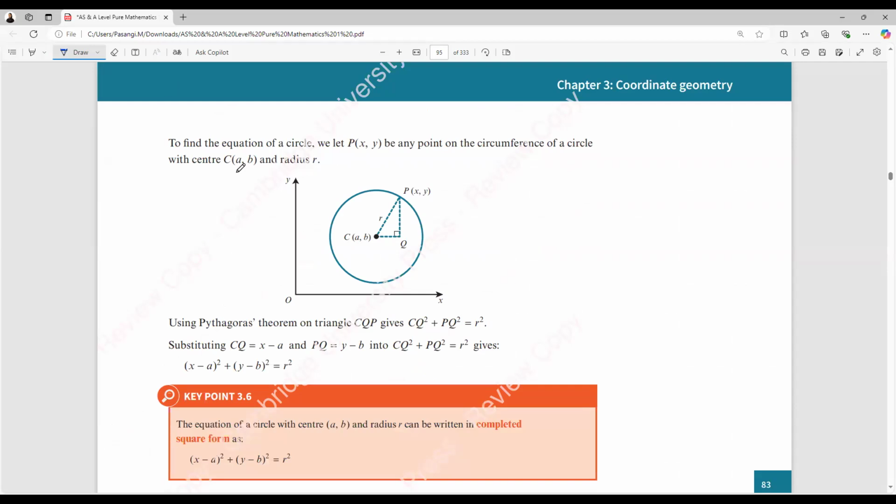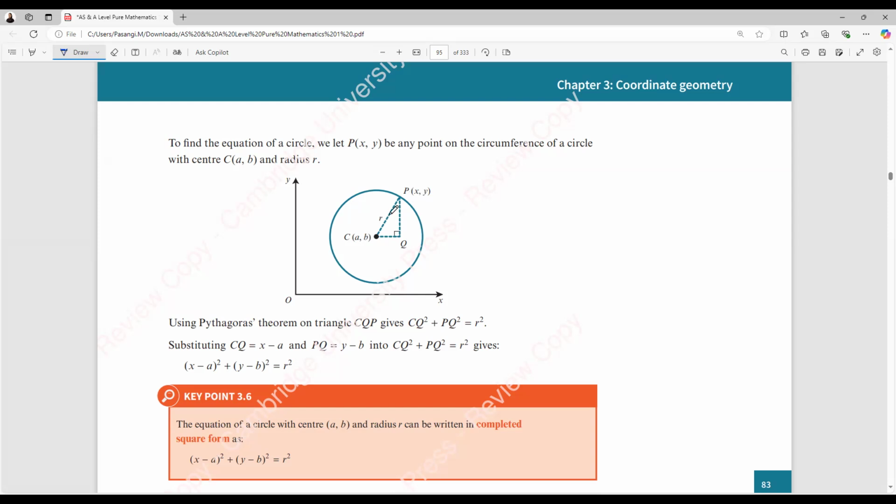Then the theory part. To find the equation of a circle, we let the coordinate (x, y) be any point on the circumference of a circle with the center they have given, that is (a, b). Then they create this right angle triangle.